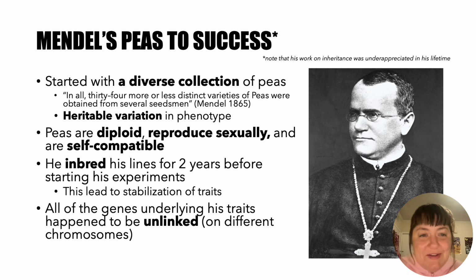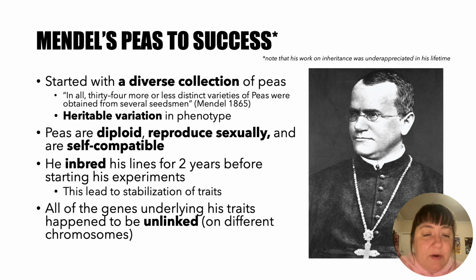Okay, and it's worth mentioning that there were a couple things that made Mendel's peas especially successful for figuring out genetics. For one, the first thing that he did was start with a really diverse collection of peas.